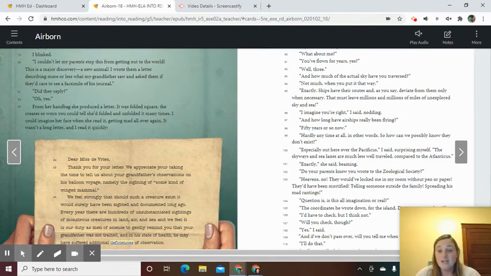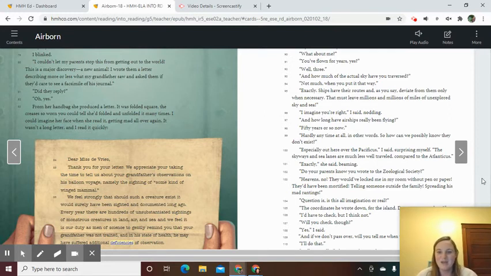I imagine you're right, I said, nodding. And how long have airships really been flying? Fifty years or so now? Hardly any time at all, in other words. So, how can we possibly know they don't exist? Especially out here over the Pacificus, I said, surprising myself. The skyways and sea lanes are much less well traveled compared to the Atlanticus.